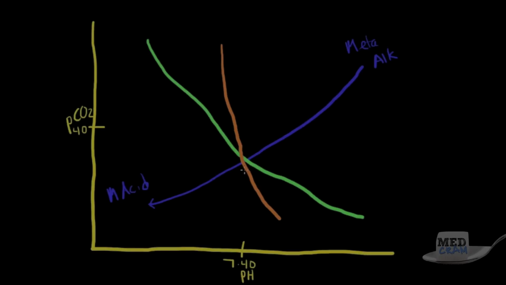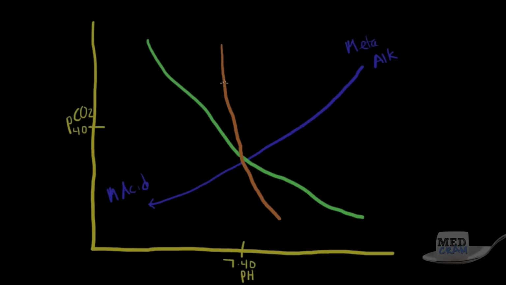Okay, let's talk about these other ones. So these must be respiratory. The question is, which one is a respiratory acidosis and which one's a respiratory alkalosis? Well, we know that these two up here must be acidoses because, again, they're lower than a pH of 7.40, and these must be respiratory alkalosis because they're higher than a pH of 7.40.